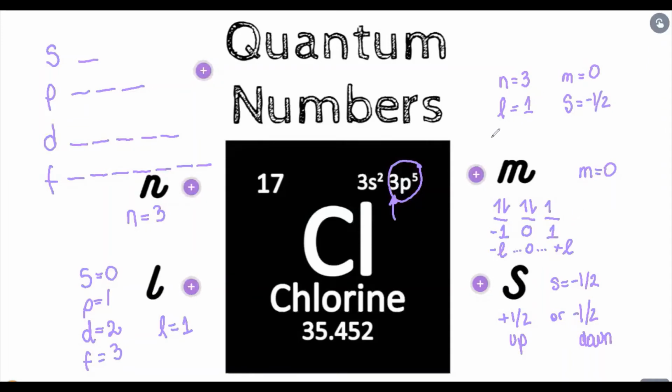There we go. This can be calculated, as I told you before, for any electron that you want to describe. It doesn't have to be specifically the differential electron, but we do it with the differential electron because that's what basically differs from element to element.